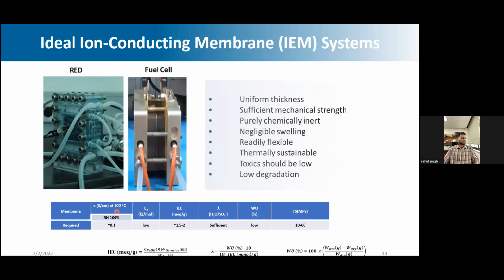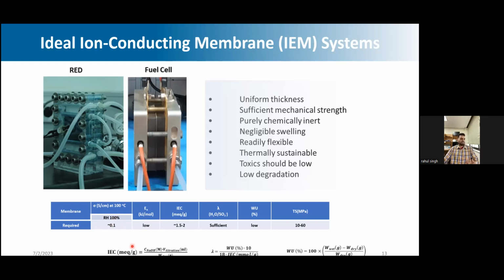Conductivity is one parameter. We target a conductivity of 0.1 Siemens per centimeter at 100 degrees Celsius and 100% relative humidity.